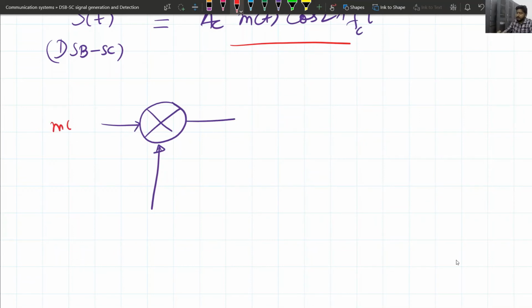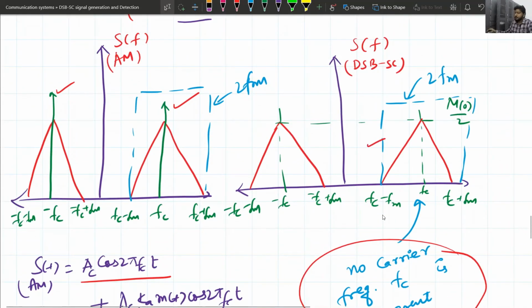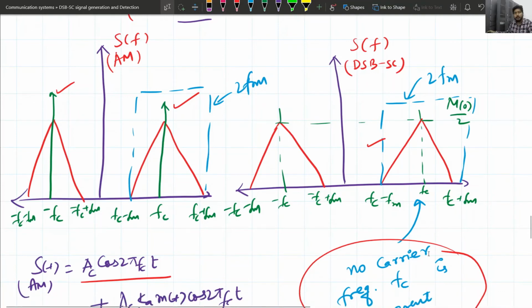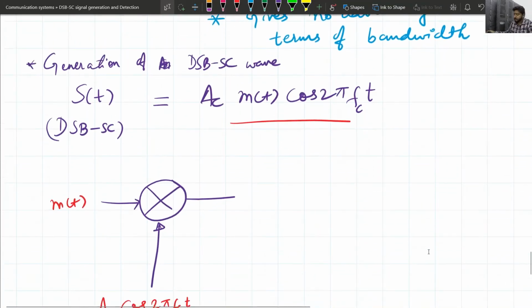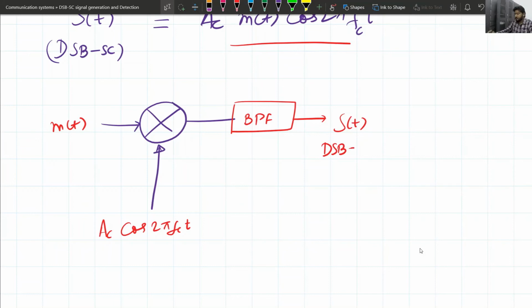We are simply multiplying the message signal with the carrier, and then we pass it through a band pass filter centered around the frequency fc, to obtain the DSB-SC wave.